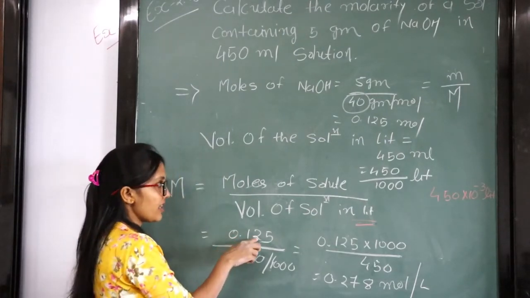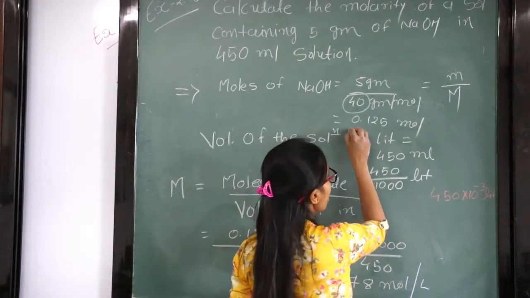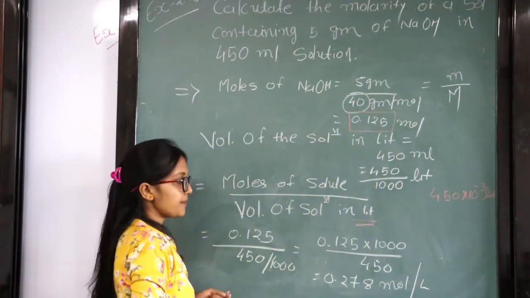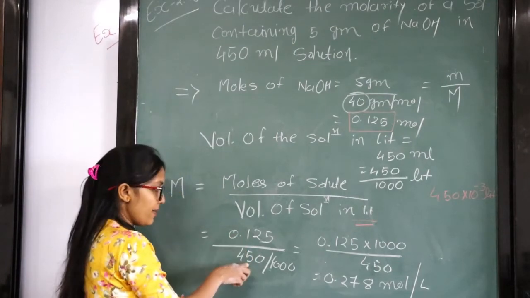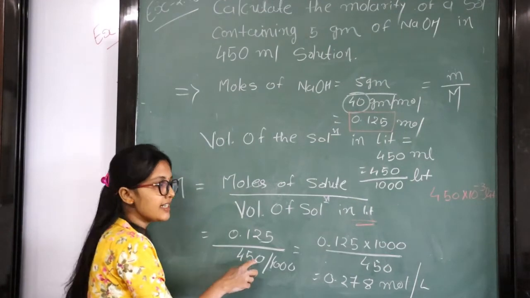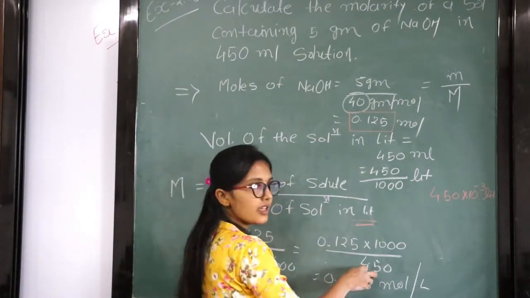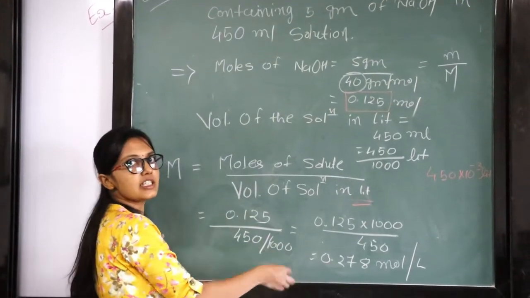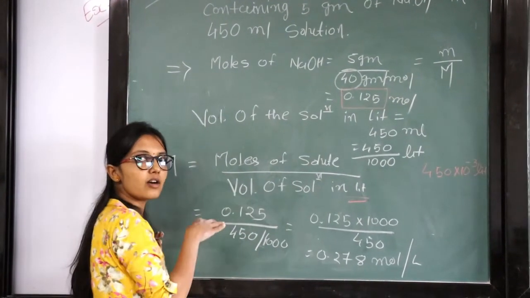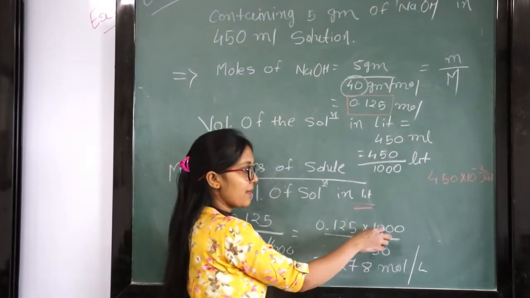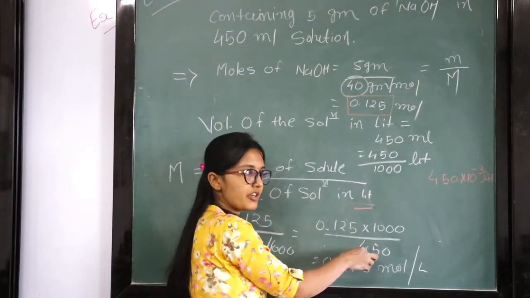So 0.125, the moles of sodium hydroxide, divided by the volume of the solution in liter, which is 450 multiplied by 10 raised to minus 3, or 450 divided by 1000. The division goes to the upper side, so 0.125 multiplied by 1000 divided by 450.